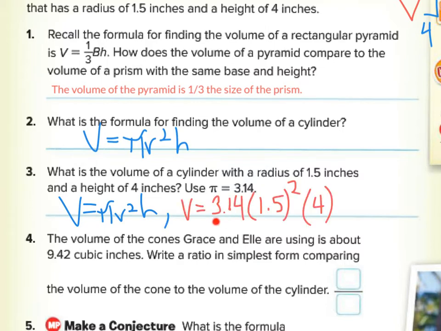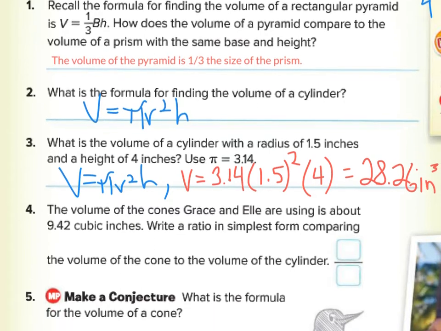I get pi, and then the radius is 1.5 squared, and my height is 4 inches. So this is the cone, but we're using this pretending it's a cylinder. And that would give me a volume of 28.26 inches cubed, right? Because we're talking about volume, so it has to be cubed.